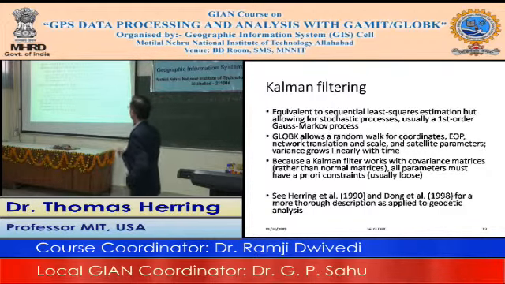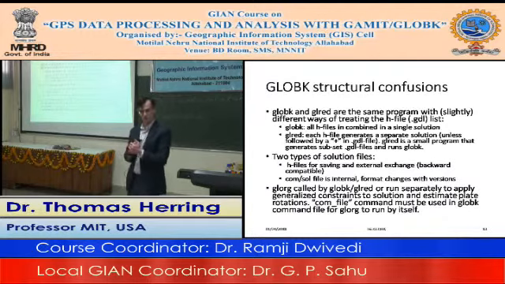So one of the things people get structurally confused about with this is that GLOBK and GLRED are the same program, but with slightly different ways of treating the H files. So their run strings look identical. In GLOBK, when you give it a list of H files to process, all of those H files are combined into a single solution.